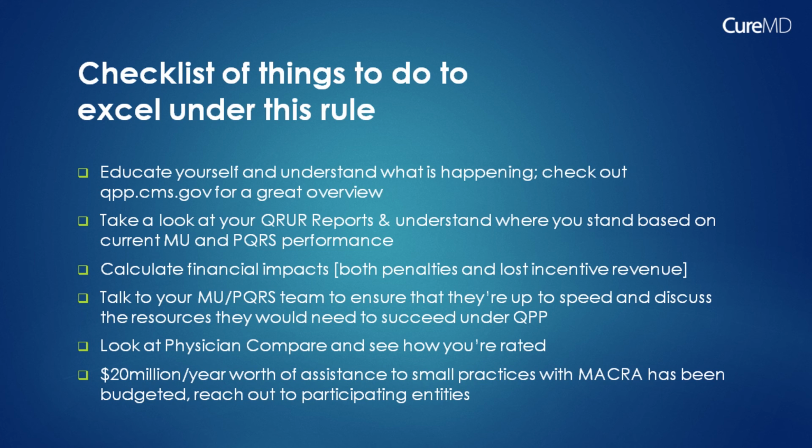And then there's, over 5 years, $100 million in funding as assistance for small practices with MACRA. So Medicare is asking vendors to come forth and provide assistance to practices and providers in implementing health IT technology, in implementing EMRs, and in implementing processes and procedures in place to do well under MACRA and MIPS, to evaluate how well you're doing right now.